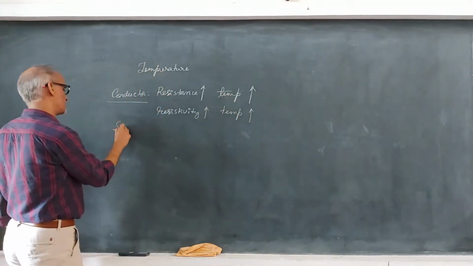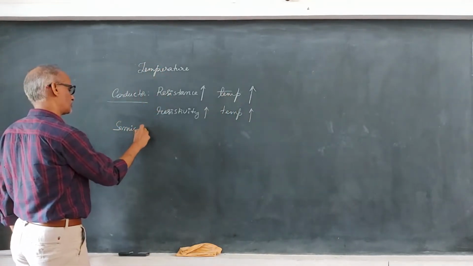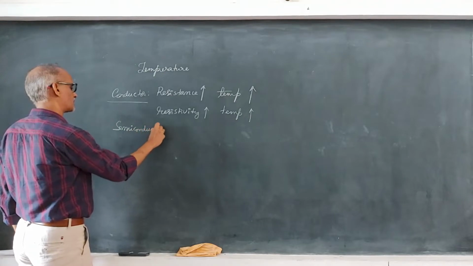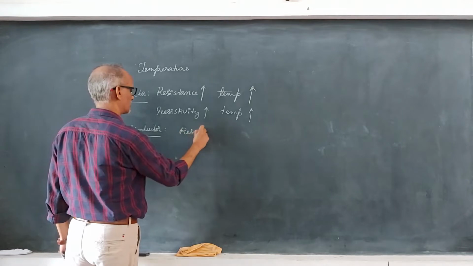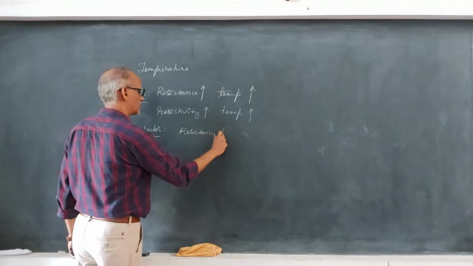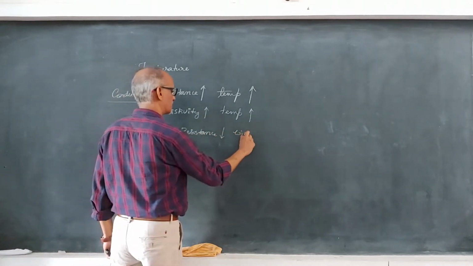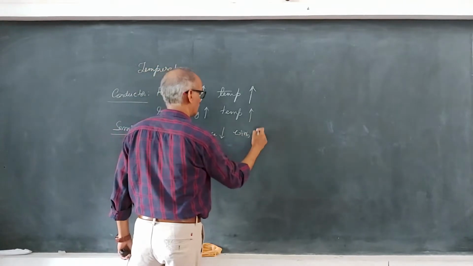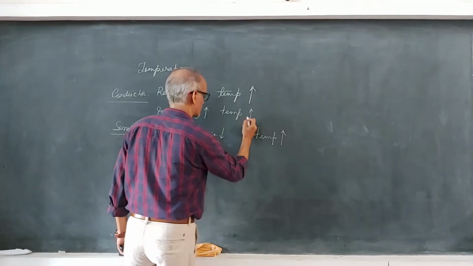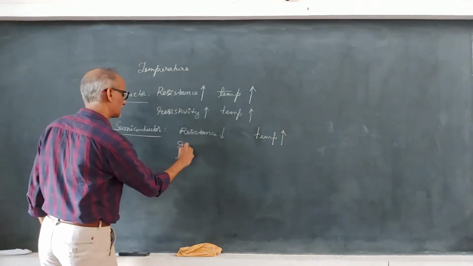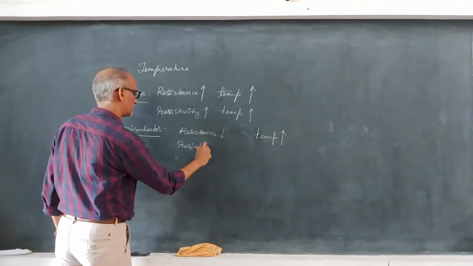But when it comes to semiconductor, the variation is exactly opposite. The resistance decreases with increase in temperature. Similarly, even the resistivity as well.